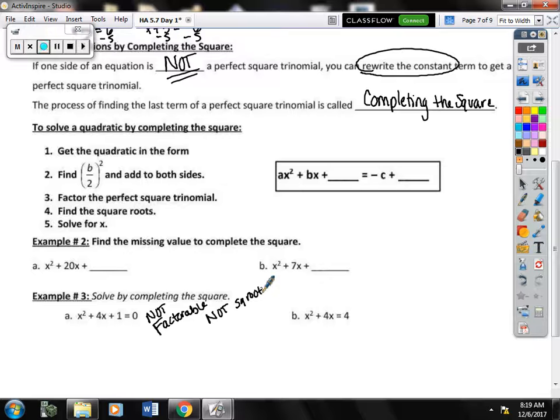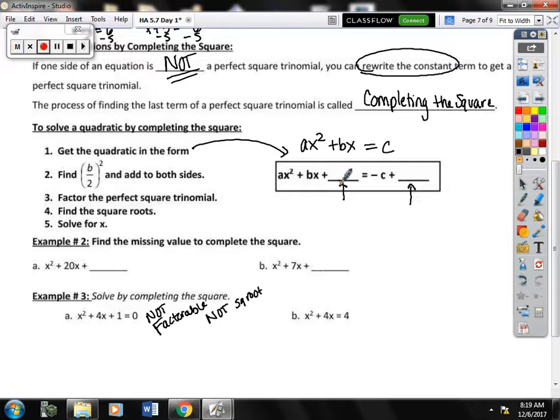Okay? So to complete the square, you are going to get the quadratic in this form: ax squared plus bx equals c. So instead of having it set equal to 0, you're actually going to get the constant on the other side. And then you're going to add a number to both sides of the equation. Remember, you can add and subtract to both sides as long as it's the same number, like when we solve an equation.